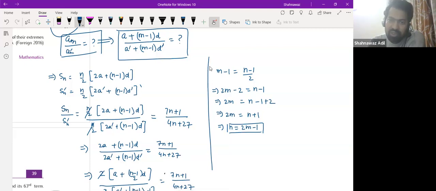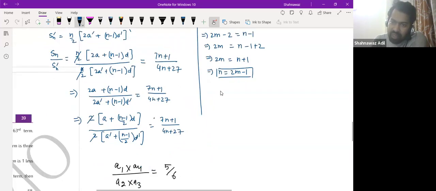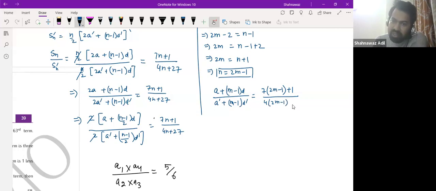So what would be the ratio that you will get? You will get a plus m minus 1 into d, and a prime plus m minus 1 d prime. This is 7, and in place of n, you have to write 2m minus 1, plus 1, and this is 4 into 2m minus 1 plus 27.